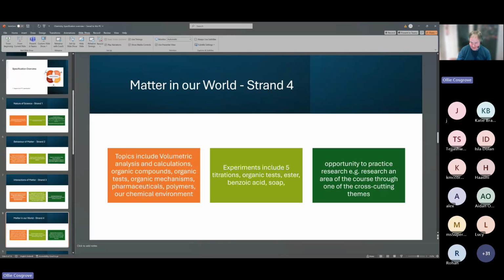Now, new stuff in this strand, it's always been there, but there's a bit more emphasis on the use of chemicals in the pharmaceutical industry, but it seems fairly generic kind of stuff, verging on common knowledge rather than particularly chemistry rich. There's a little bit on polymers, but polymers were always on the course, things like polythene, polypropylene, and so on.